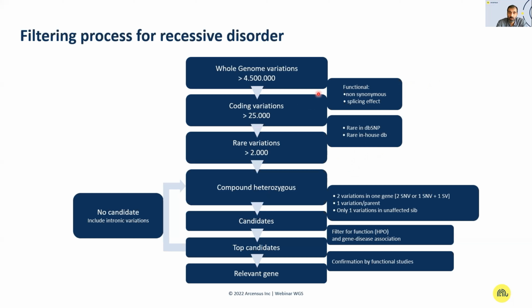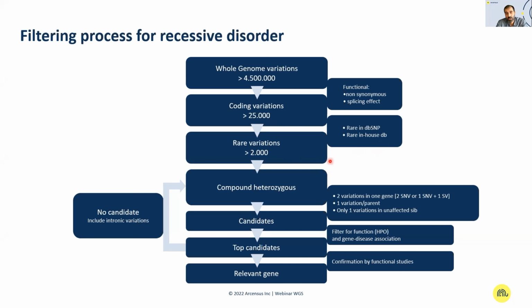Once this step has taken place, we reduce the number from 4.5 million to a little over 25,000 coding variants, because in general, those are the variants that are expected to be disease causing. Then we filter for those that are expected to be very rare in the databases of healthy individuals, because if they are frequent in healthy individuals, they are not expected to be disease causing.